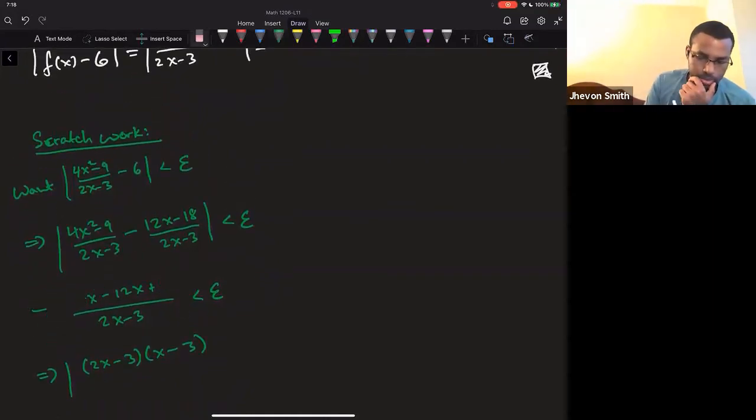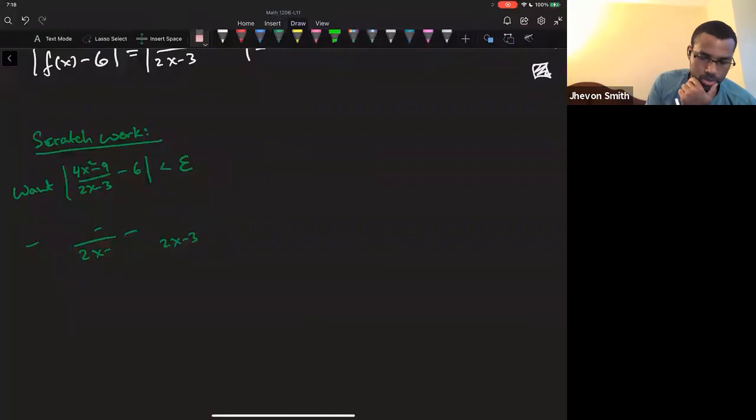You didn't have to do all that. 4x squared minus 9, difference of squares. This is actually 2x minus 3 times 2x plus 3.